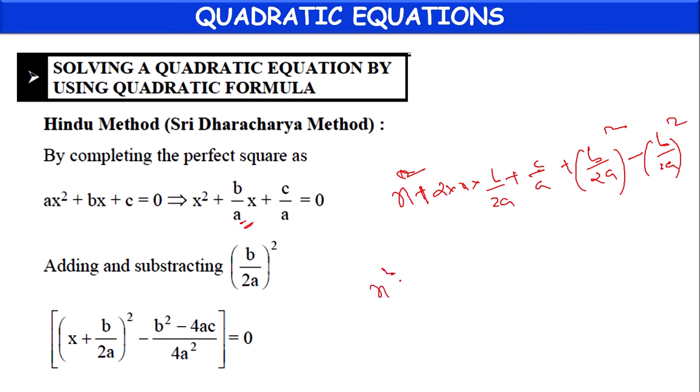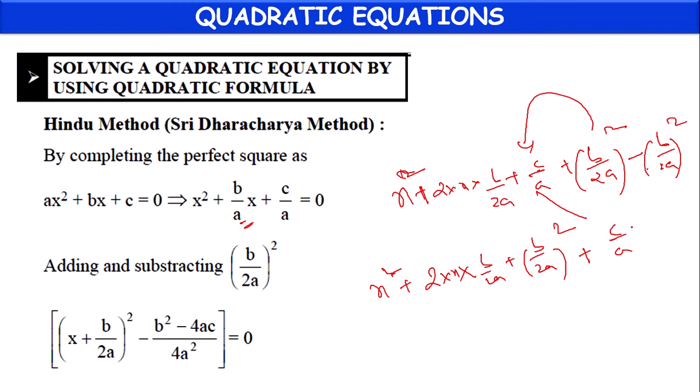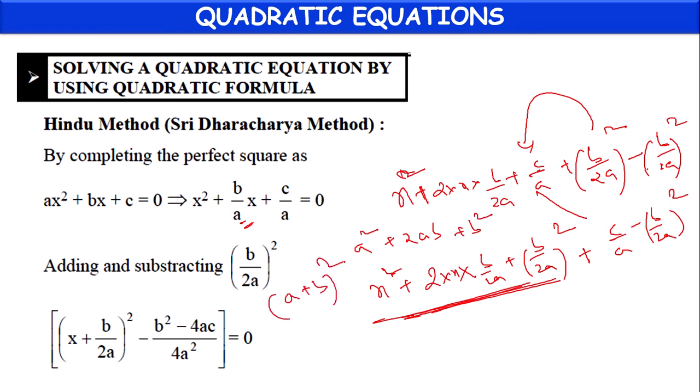Next, x square plus 2 into x into b by 2a plus b by 2a whole square, plus what are remaining, c by a is remaining, and minus b by 2a whole square. These two are remaining. Now this is in the form of a square plus 2ab plus b square, which is equal to a plus b whole square.